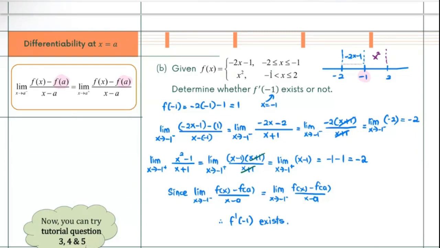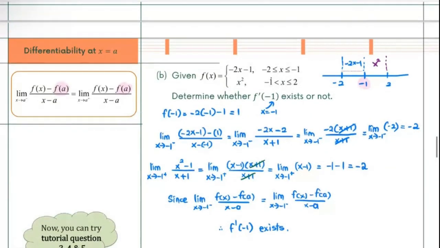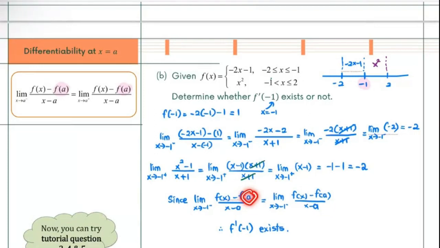Oh, kejap, saya nak ubahlah sikit. Sebenarnya boleh juga tulis lagi satu cara. Tadi saya buat yang FA ni kan. So in this case sebenarnya sebab saya dah tahu dah FA saya adalah 1 ataupun f of negative 1 lah.